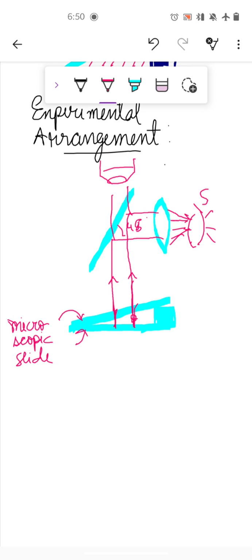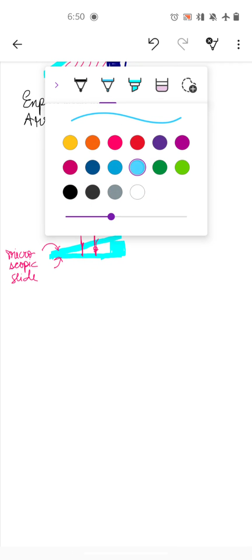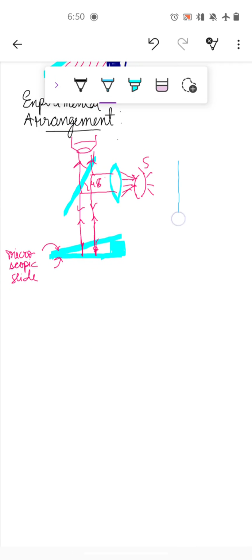Here there is a microscope placed in which we can see the light. So this is the whole experimental arrangement that we can see in the lab. And in the microscope we get fringes like this: straight fringes with equal distance between them.